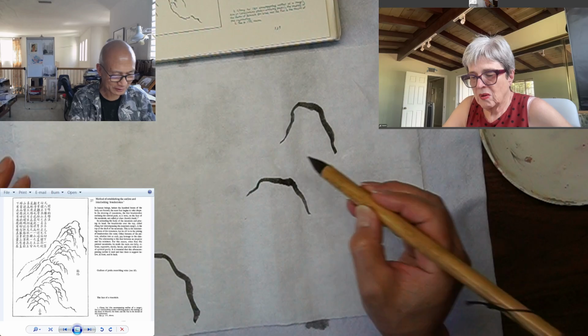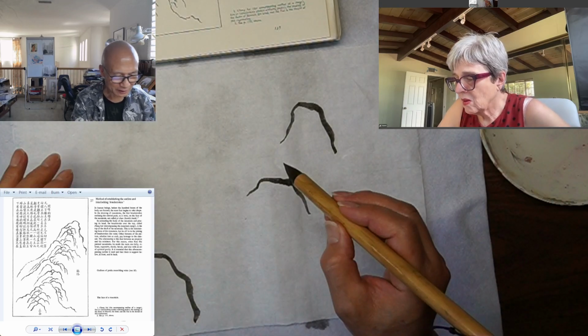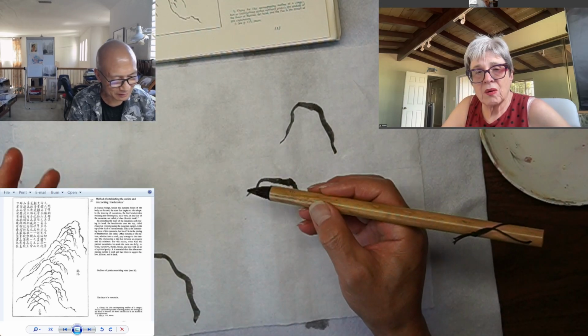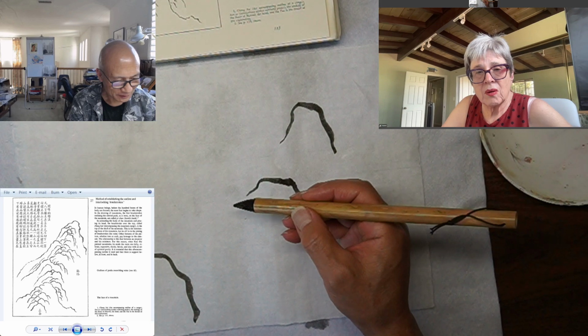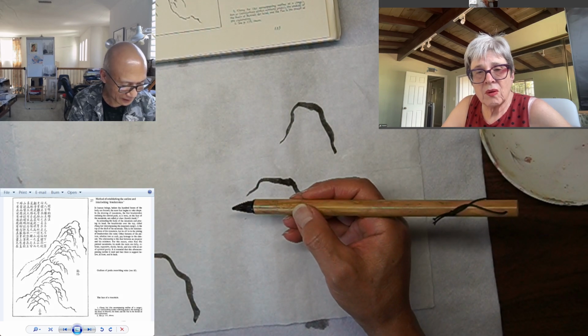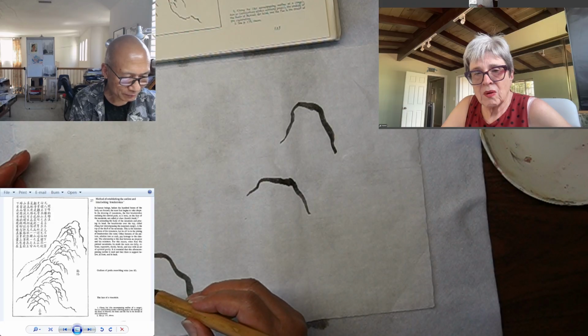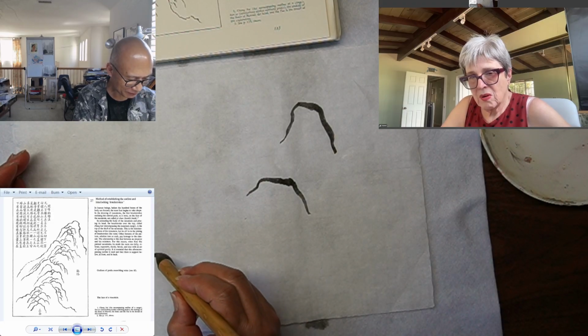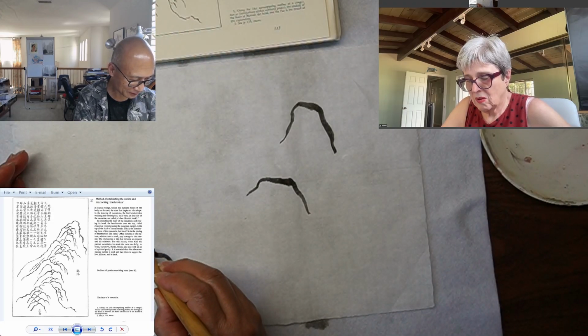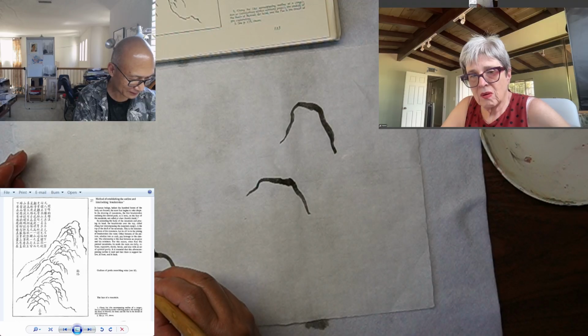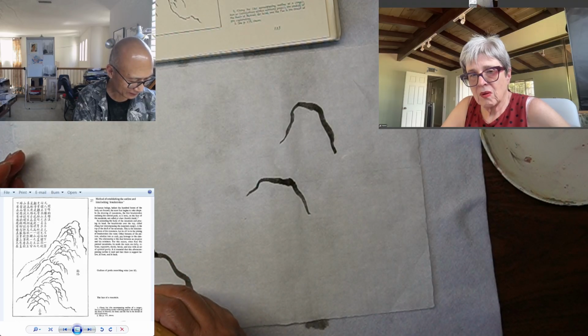So we'll just do these three. These are the front piece, the rock facing the reader. Okay, and after that, you add left and right supporting planes, side planes, like that.